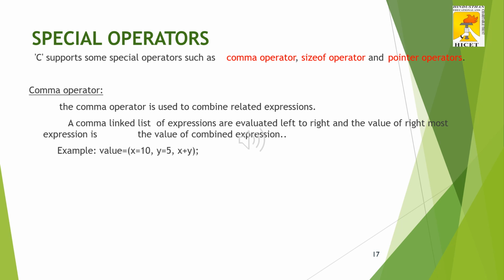If you are defining the variables a and b, how we write: int a comma b. So you are relating both this a and b. This is the use of this comma operator. A comma linked list of expressions are evaluated left to right, and the value of the rightmost expression is the value of the combined expressions. This is a small example using this comma operator.